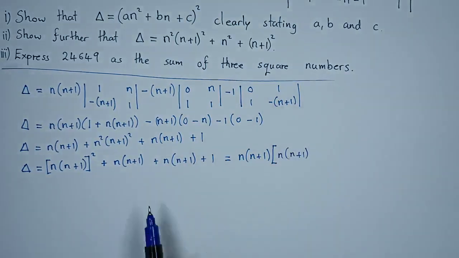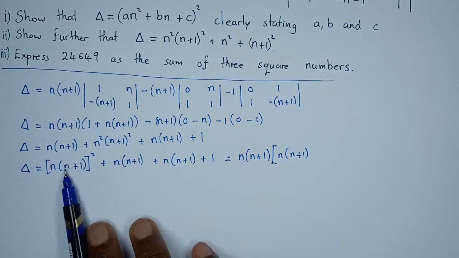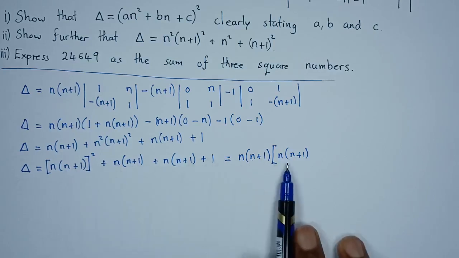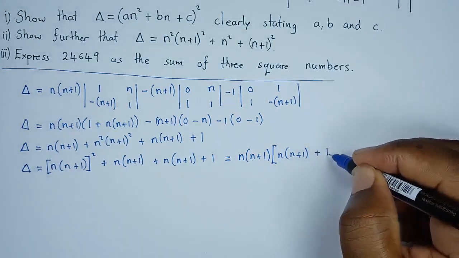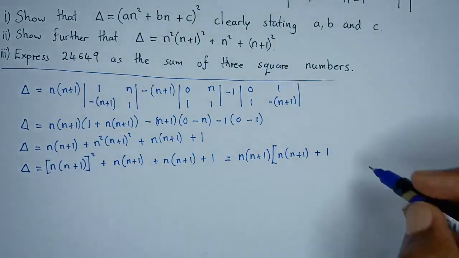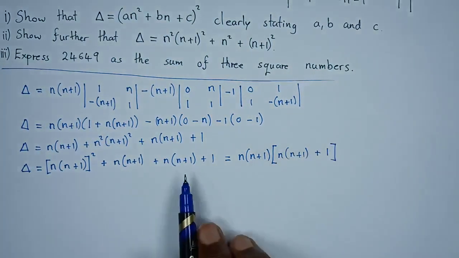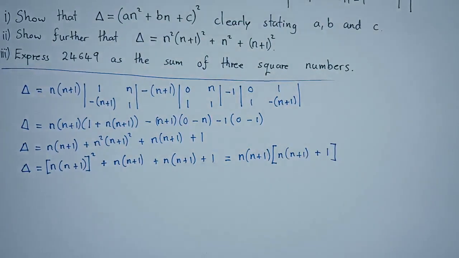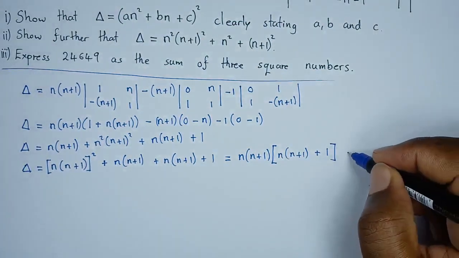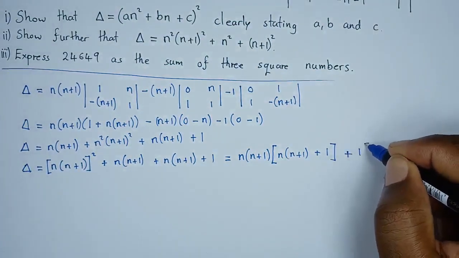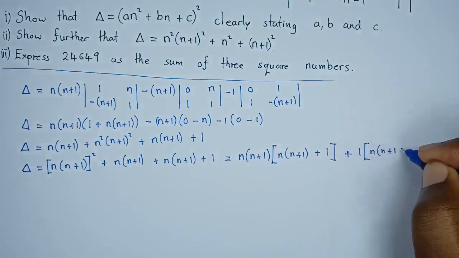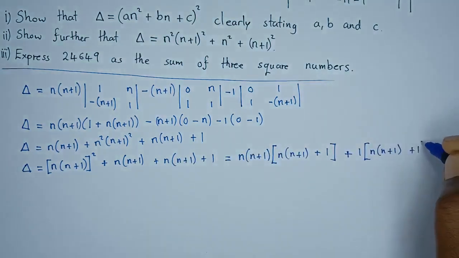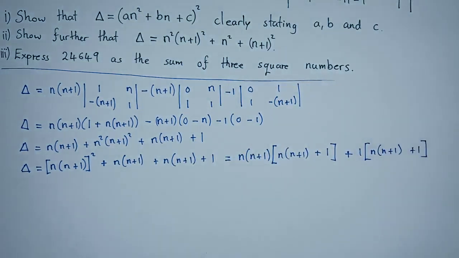I hope you get it. So for these two, we factor out this. What remains here is this one. What remains here is 1. We close the bracket. For these two, we said what is common is 1. So let's factor out 1. So if we factor out 1, what remains here is simply n plus 1 plus 1, like this.